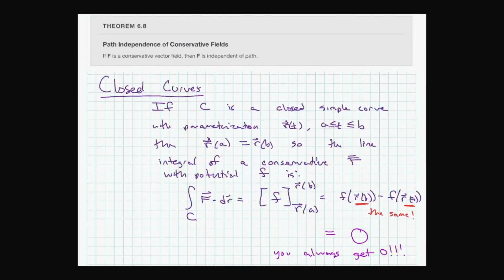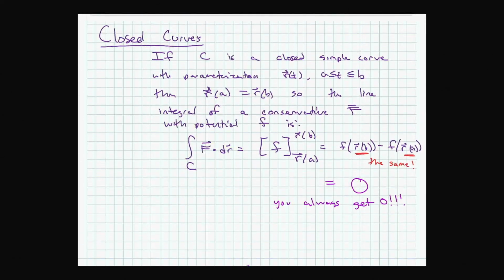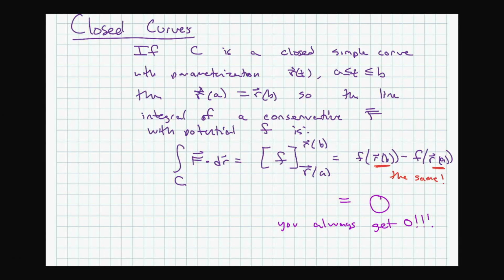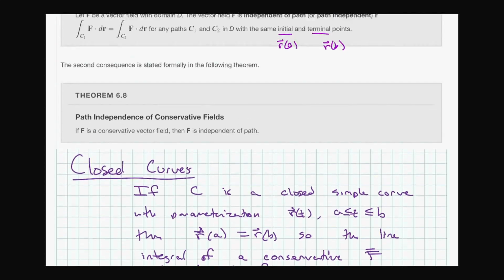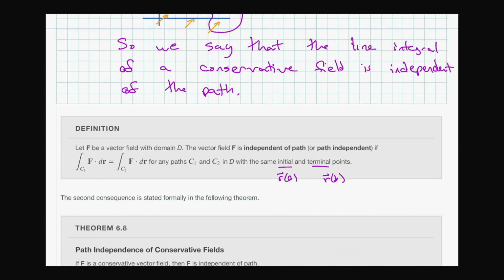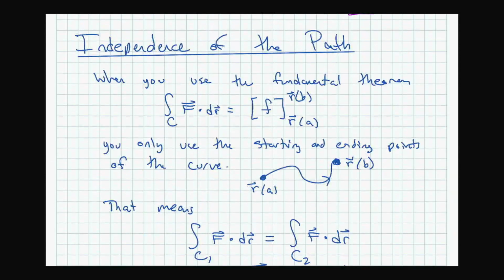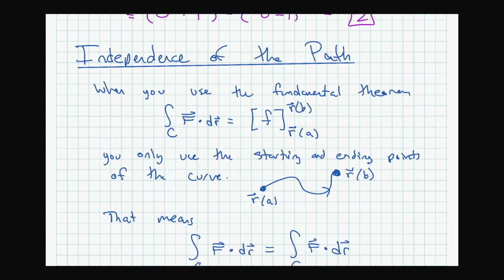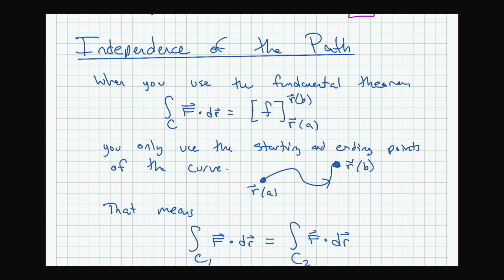If you have a conservative vector field, then the line integral around any closed curve is 0 because you have the same starting and ending point. And that's important because the fundamental theorem of line integrals says that the only thing we care about when you're integrating a conservative vector field is the ending point and the starting point.